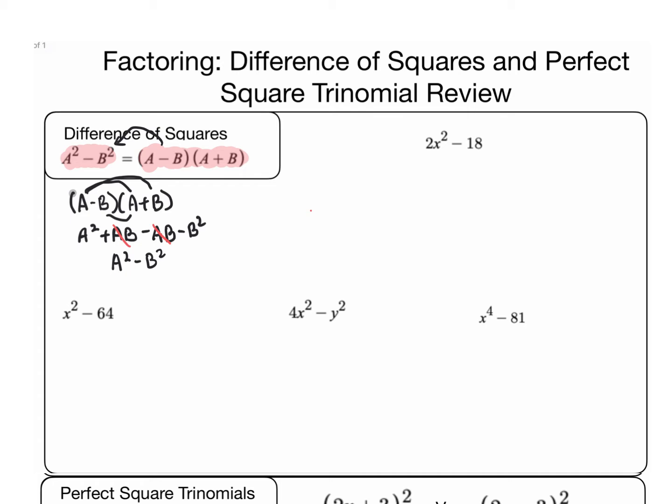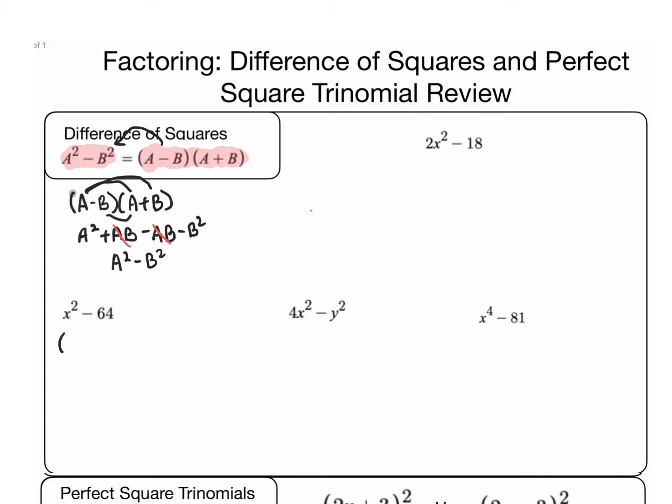Okay, so our trick is to get two things that we're subtracting, two things squared, and then apply the pattern. So let's start with this one.